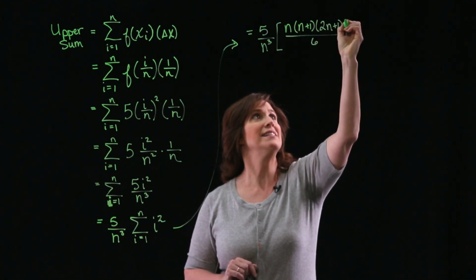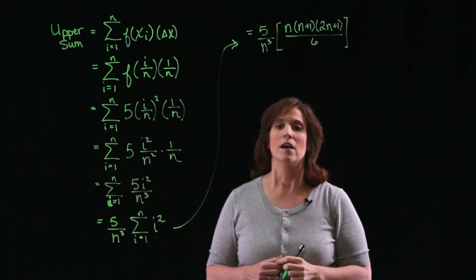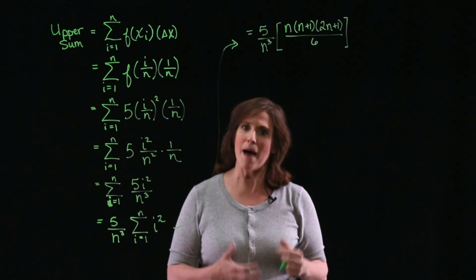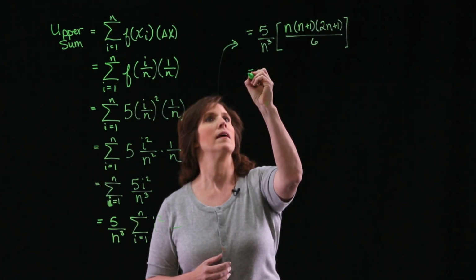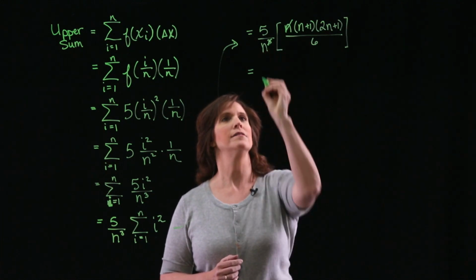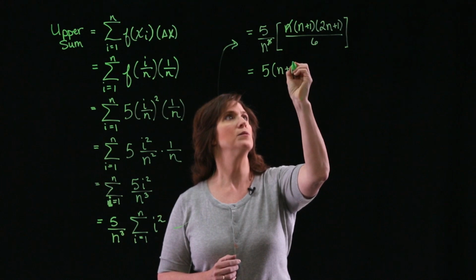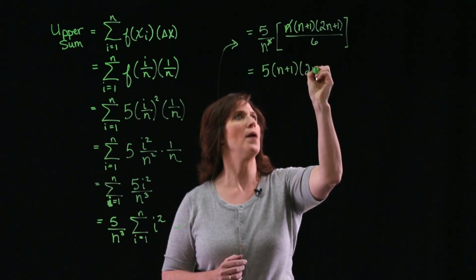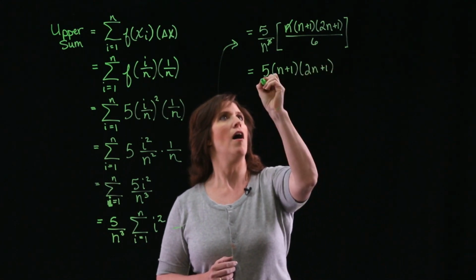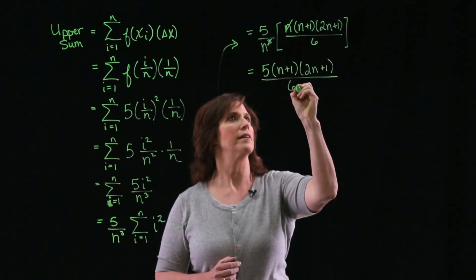It's exactly the same thing as summing up all of those squares. So once I notice that, I'm back to some algebra. I notice that this n will cancel with one of those, and I have 5 times the quantity n plus 1 times the quantity 2n plus 1 all over 6n squared.